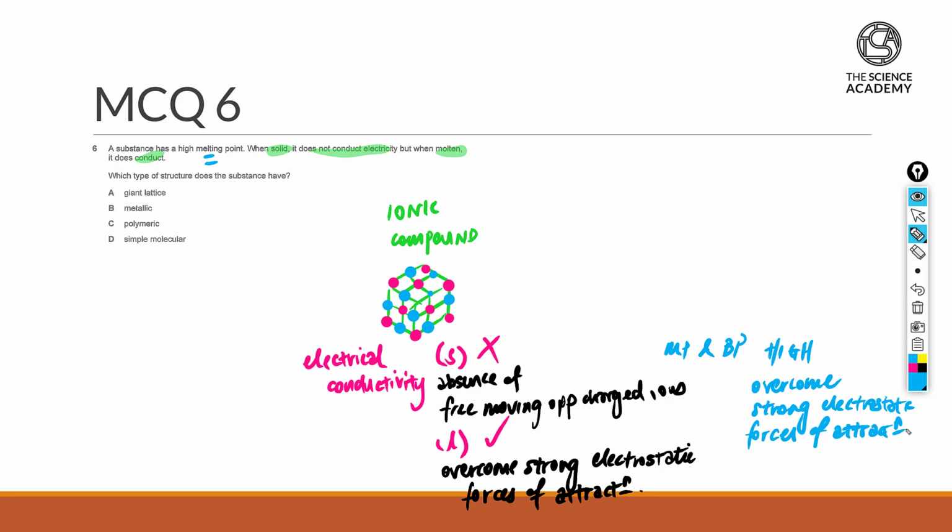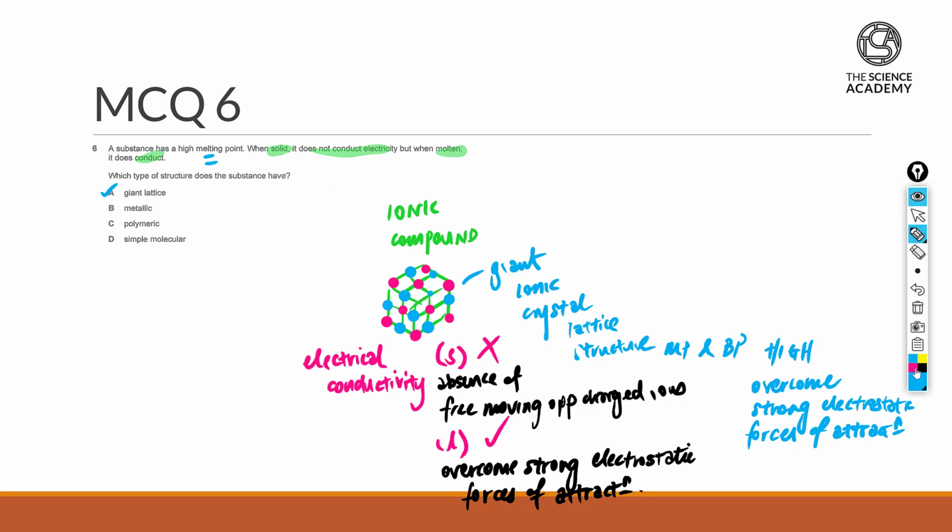So looking at the answers back, we will be selecting a giant lattice structure because this is indicative of the giant ionic crystal lattice structure possessed by ionic compound.